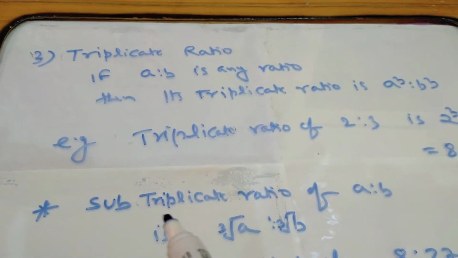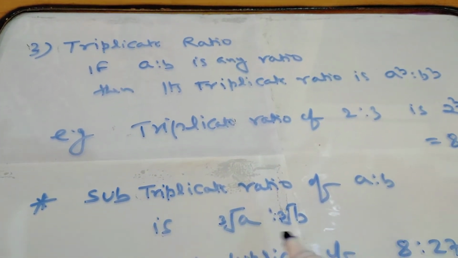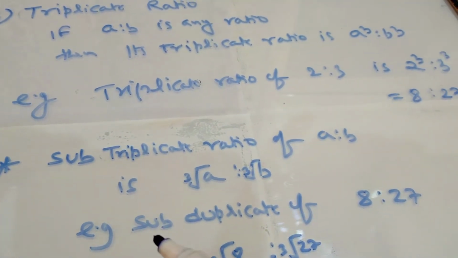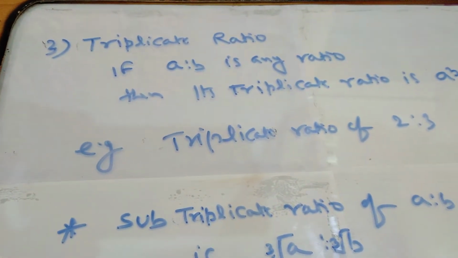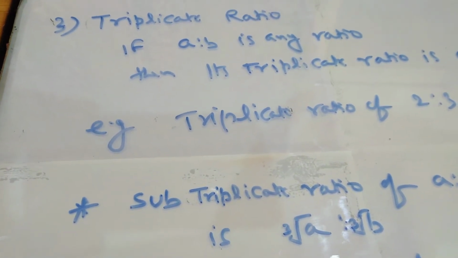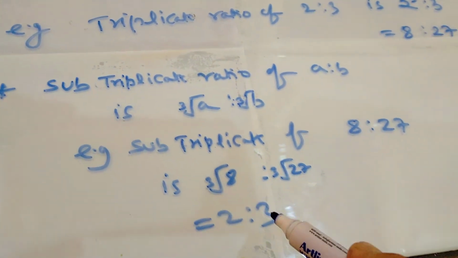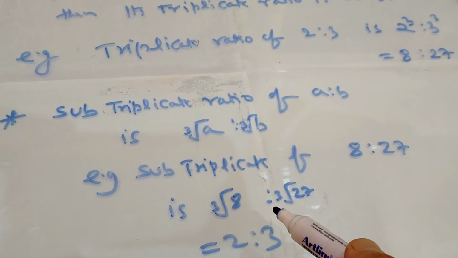Now subtriplicate ratio of A is to B is cube root of A is to cube root of B. Example, subtriplicate ratio of 8 is to 27 is cube root of 8 is to cube root of 27, that is 2 is to 3.